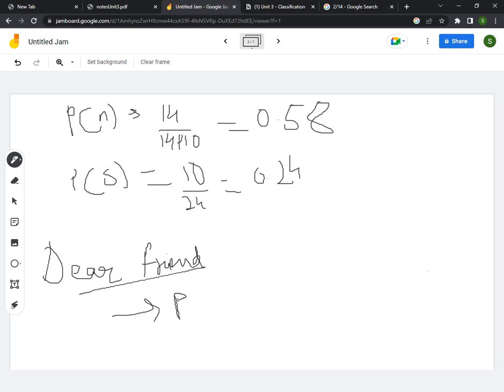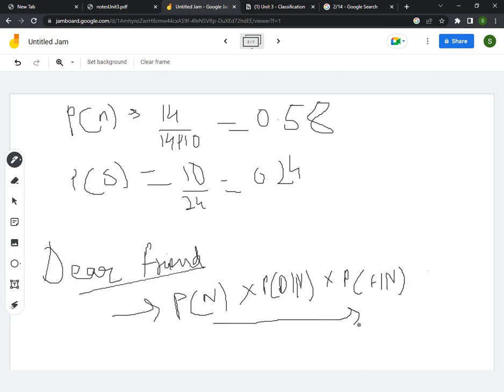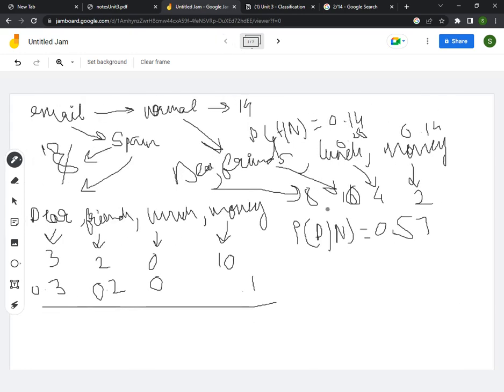To calculate this, we take the probability of normal, multiply by the probability of the word dear, and multiply by the probability of the word friend. So we get 0.58 multiplied by 0.57 and 0.14.